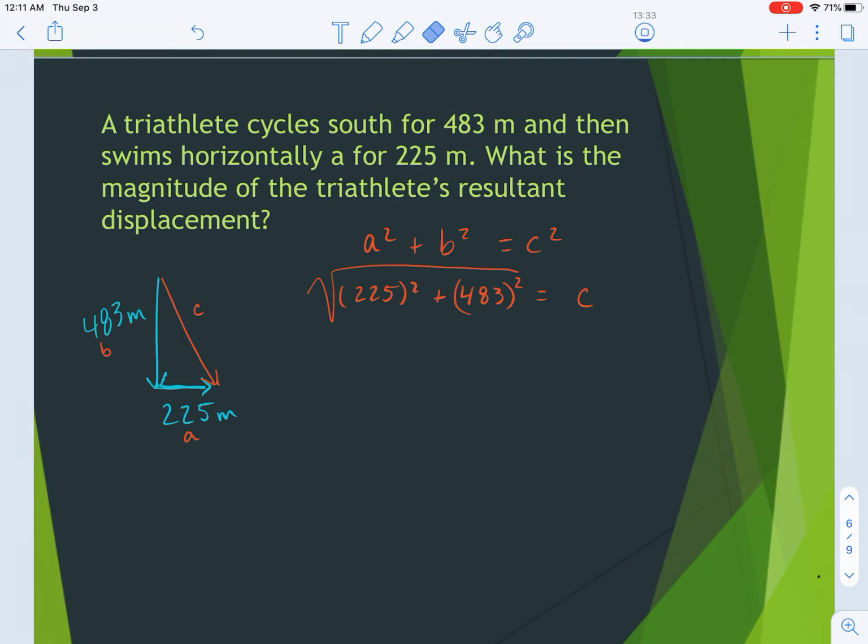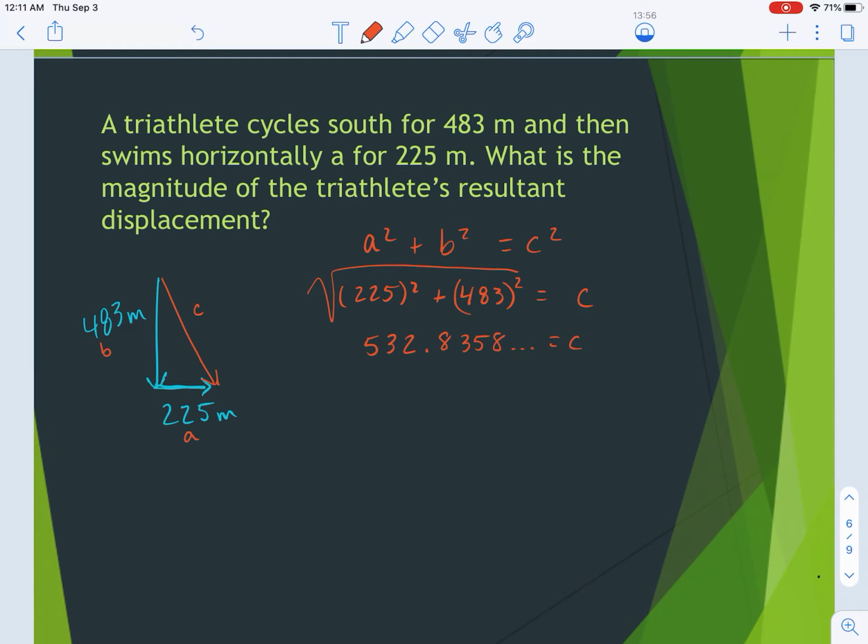It is one entry: square root, open parentheses, 225, hit your x squared button please, plus 483, x squared button, close your parentheses. It's one entry. You get one answer. It's so much faster this way, and you are less likely to make mistakes because you are not retyping, rewriting, or copying numbers over and over again.